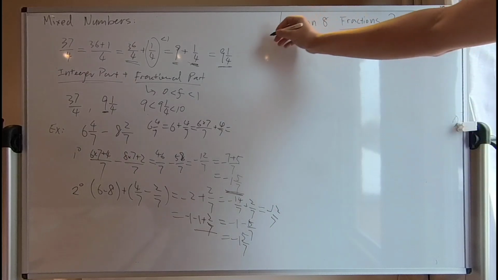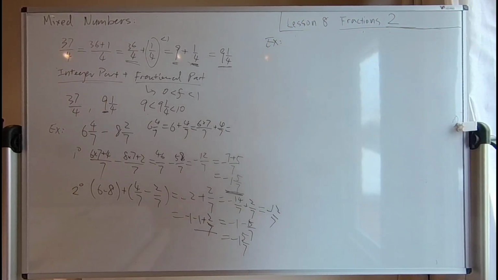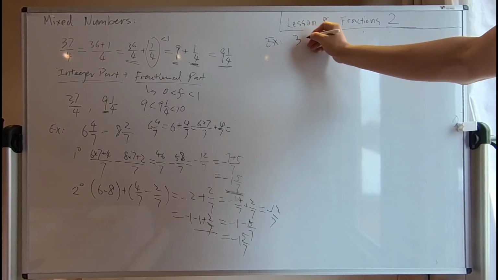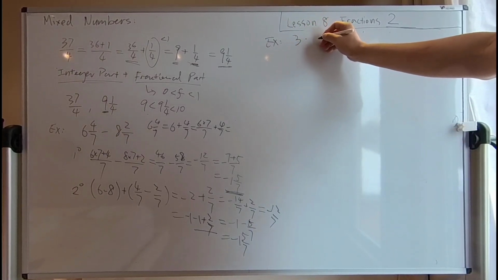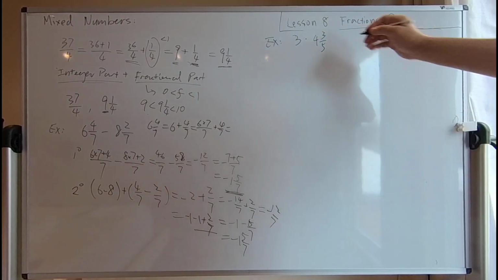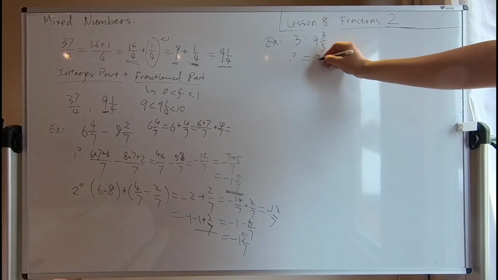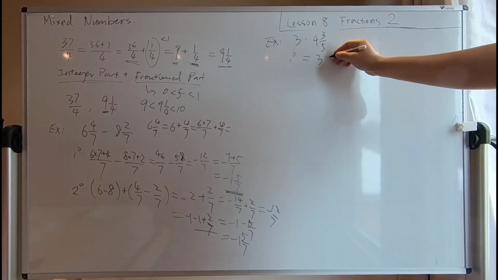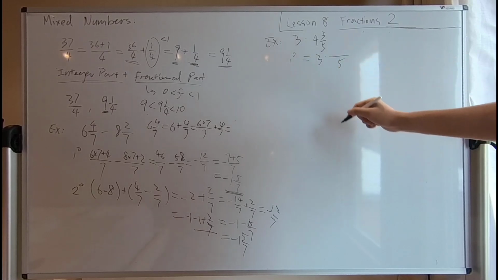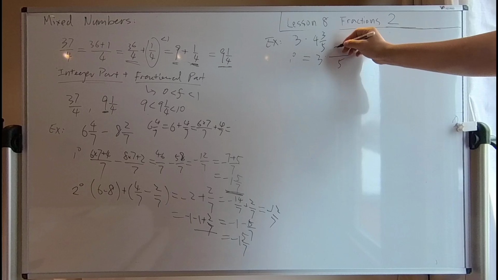Okay, let's then see an example of multiplication between mixed numbers. So if I have 3 times 4 and 3 over 5. For the first approach, I can still convert this into one single fraction first. That's 4 times 5 is 20, 20 plus 3 is 23.